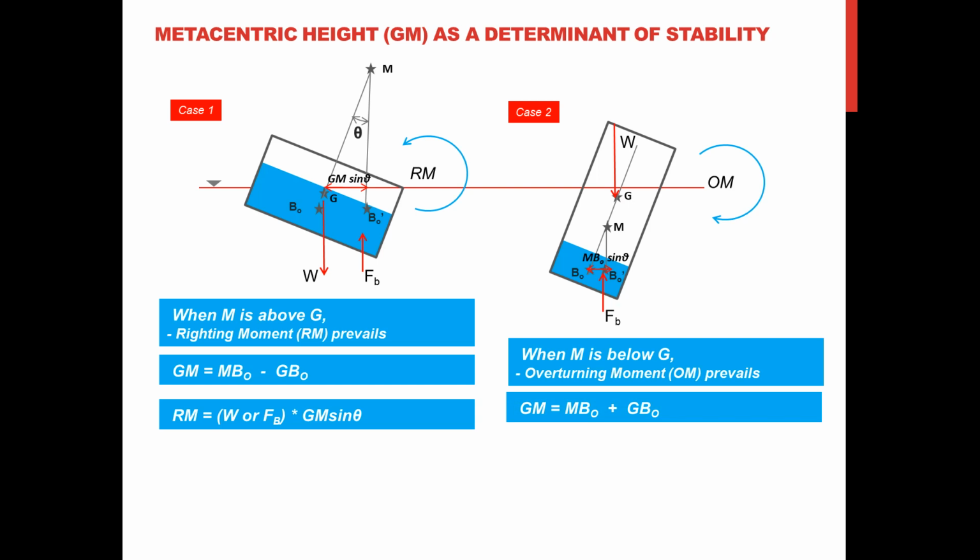Hence, overturning moment prevails in this case. Similar formula, W or FB, the buoyant force, multiplied by MBO times sine of theta.